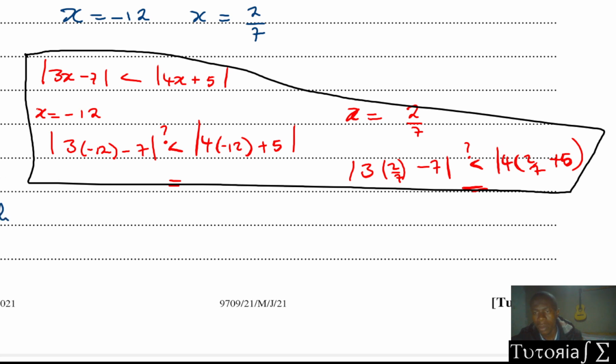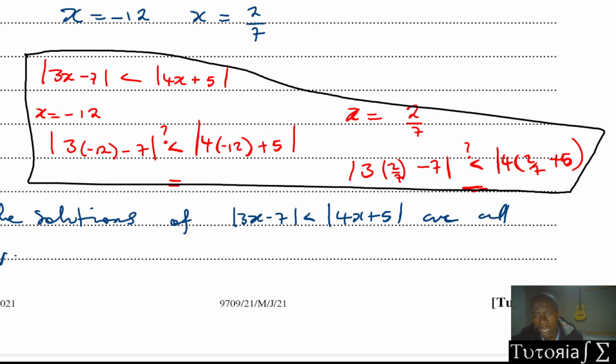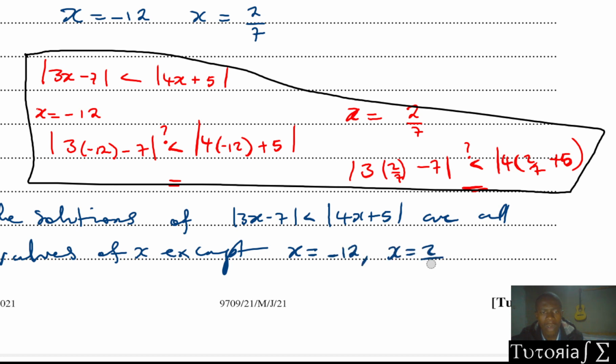The solutions of the modulus of 3x minus 7 less than the modulus of 4x plus 5 are all values of x except x equal to negative 12 and x equal to 2 over 7.